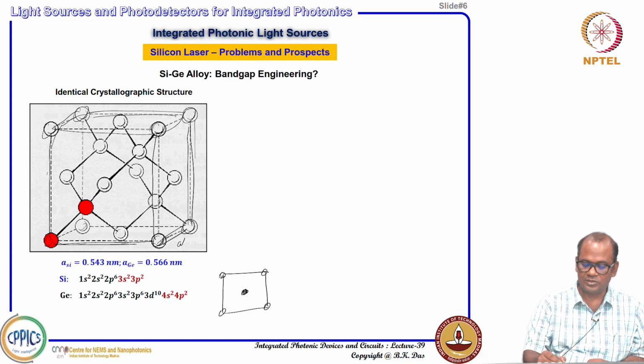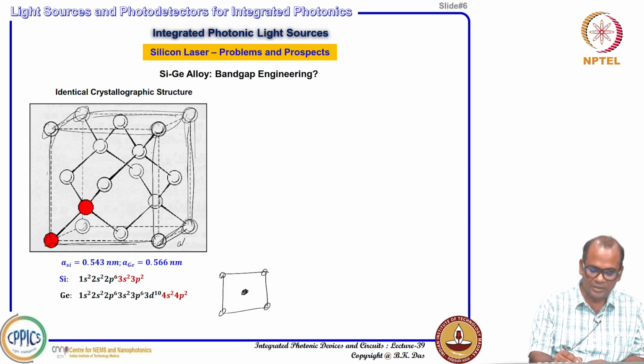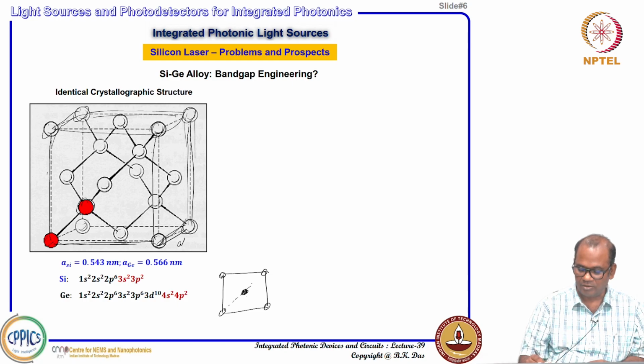So every one of the 6 surfaces of the cube has one atom in the center, and all the corners of the cube have atoms. Apart from that, there is an additional atom coming in like this.